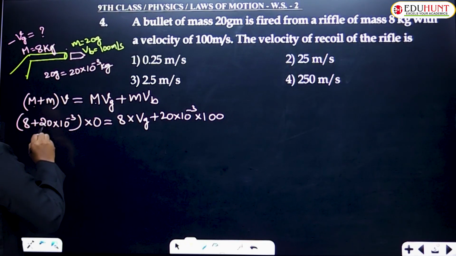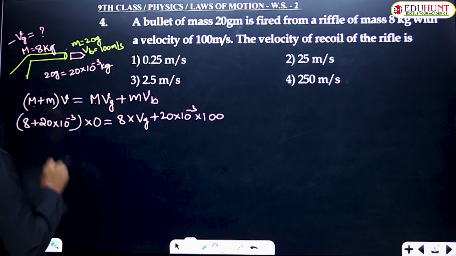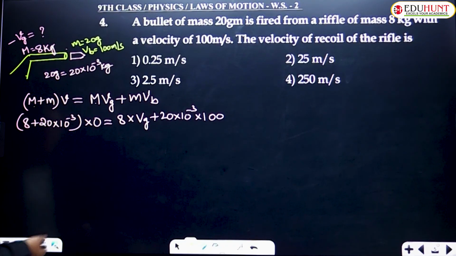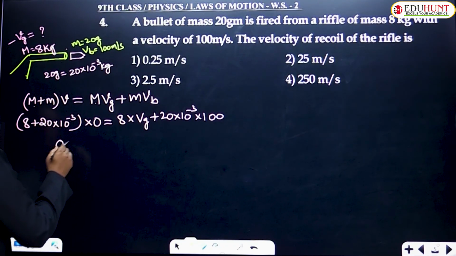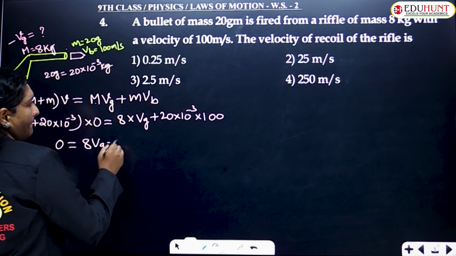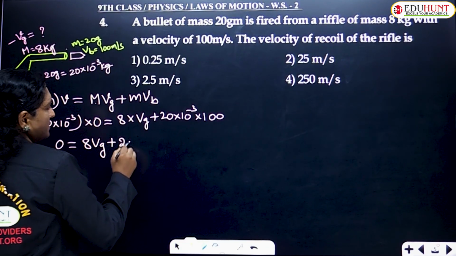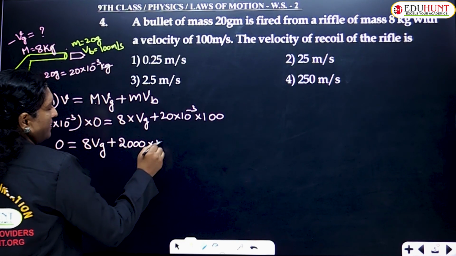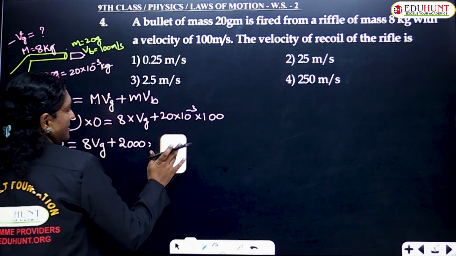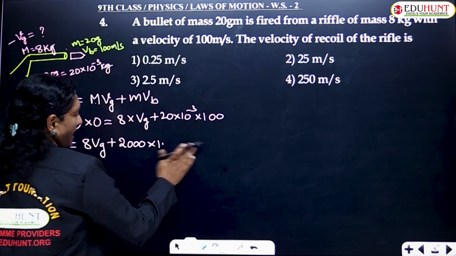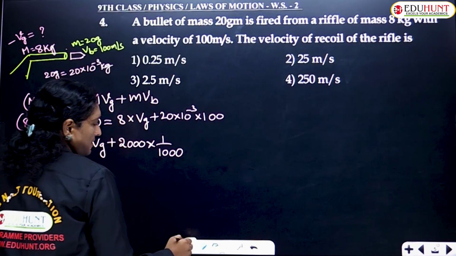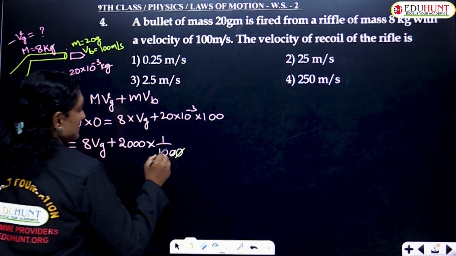If you simplify, this is 8.02 into 0, which is 0, equals 8 VG plus 2000 into 10 power minus 3. Writing 10 power minus 3 as 1 by 1000, all the zeros get cancelled.